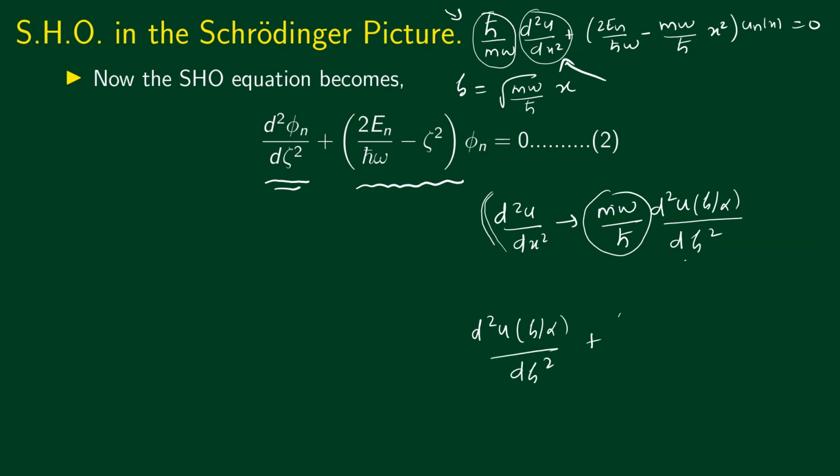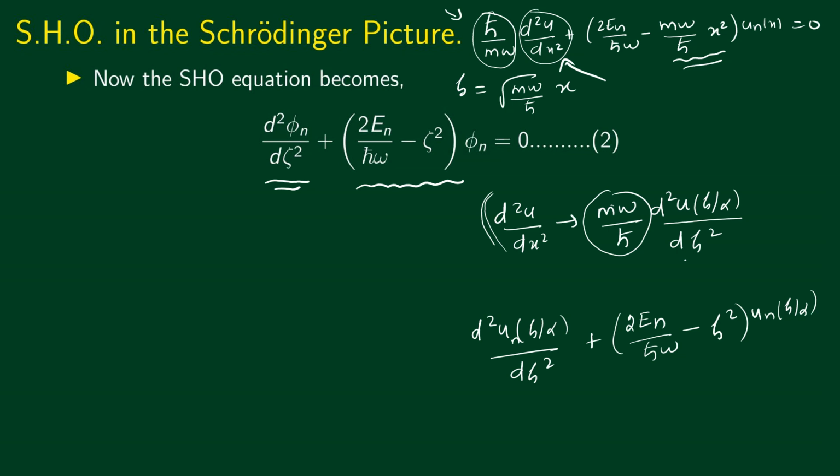The other terms are just like this. You have got 2en by h bar omega, which does not change, and this m omega by h bar x square is simply zeta square. And here again this un of x will now be written as un of zeta by alpha.